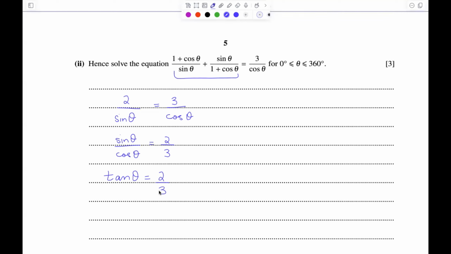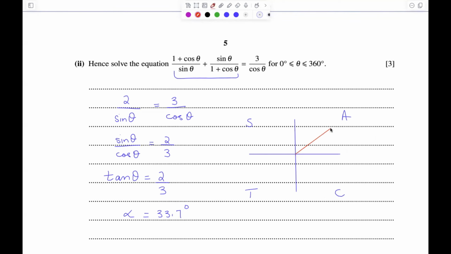Now taking tan inverse of 2 upon 3, the basic angle will be 33.7 degrees. Now making this ASTC to understand what the second angle will be. We know that tan is positive in the first and the third quadrants.